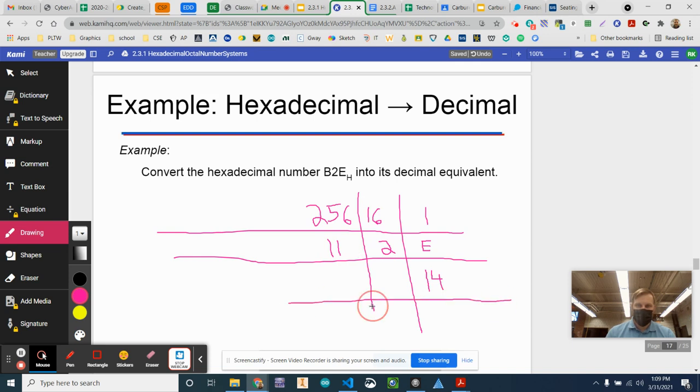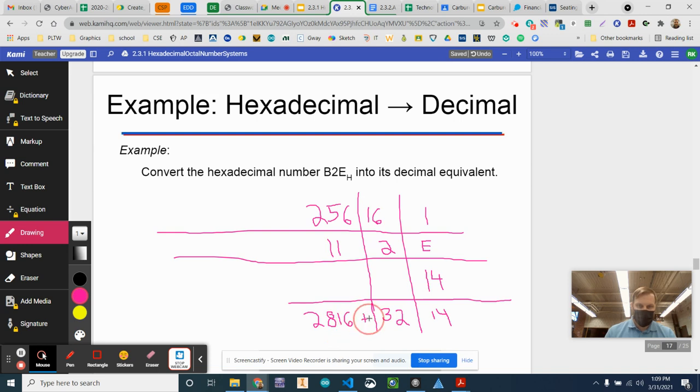Good. So to figure these out right now, we need one more category here. So now we've got to multiply. 14 times 1 is 14. 2 times 16, 32. And again, I'm going to bust out the calculator for this one. Okay, 2,816.